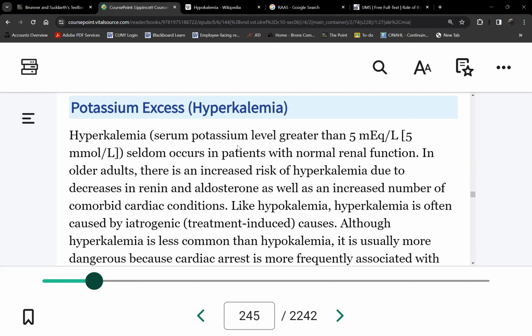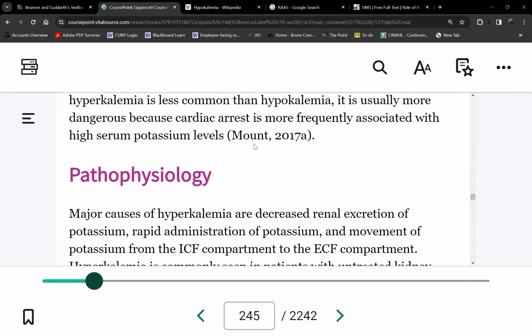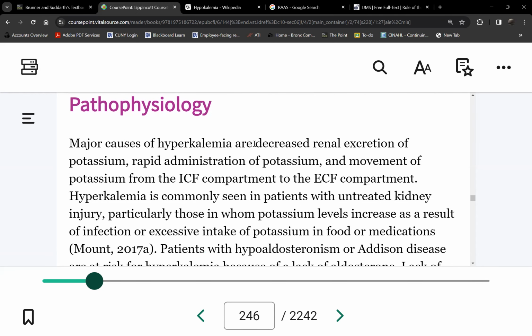All right, let's go straight to excess now. Hyperkalemia. So now we have too much potassium. There are several ways to treat this, but just like in hypokalemia, it can't be corrected quickly. However, not as bad as hypo. Hypo will take hours, days to correct. Hyperkalemia can take a couple hours.